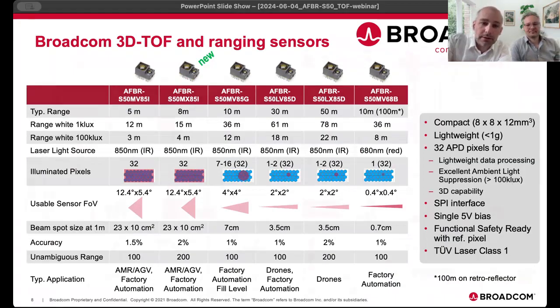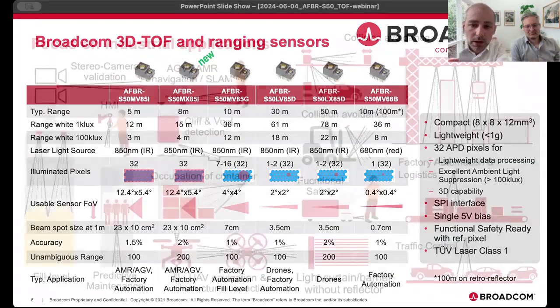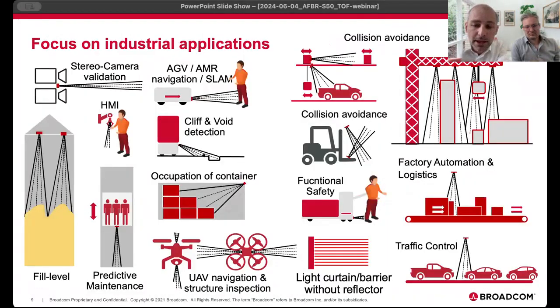Well, and this brings me to a slide with an application overview before I hand over to Volker. Our focus with these high-end sensors is on industrial applications where our customers need reliable distance readings and robust performance, for example, for factory and industrial use cases. We will talk about field level measurements, about predictive maintenance in elevators.